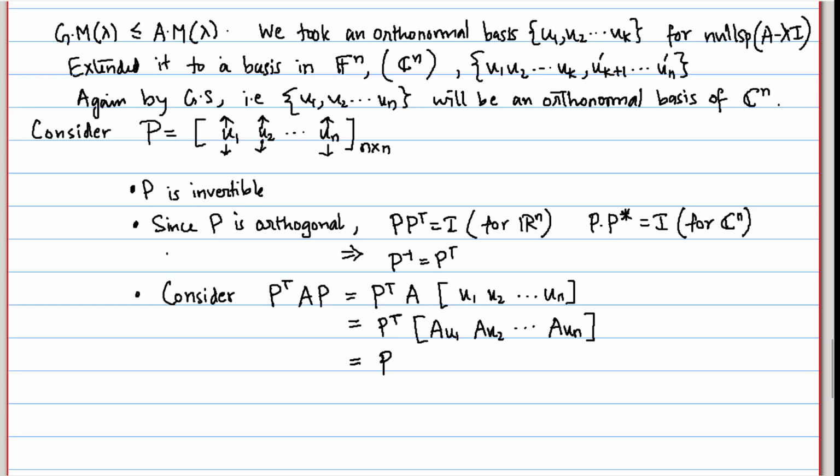So instead of A u1, we can write lambda u1, lambda u2, remember these are columns, up to lambda uk, and after that you have many elements which we are not concerned about, so I'll just write dots.